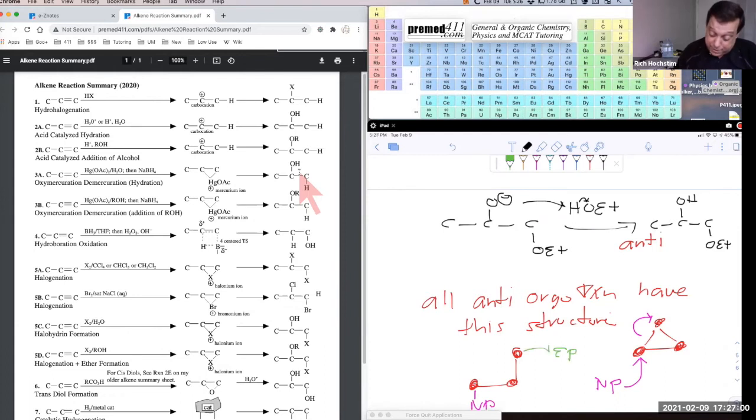So your electrophile comes in like that, and that is by definition an anti-addition, meaning it occurs in different planes. So the plane is here. The nucleophile attacks, in this case, on the bottom, and the electrophile attacks on top. And so we're seeing the same thing here.